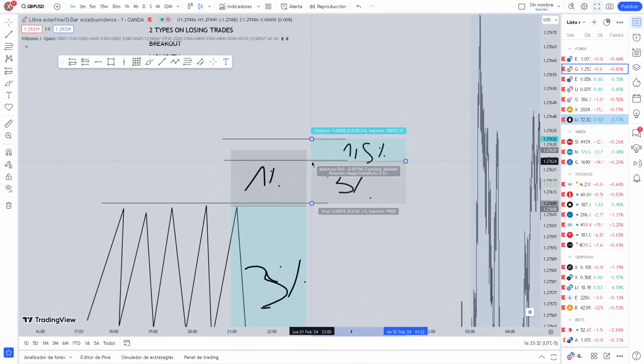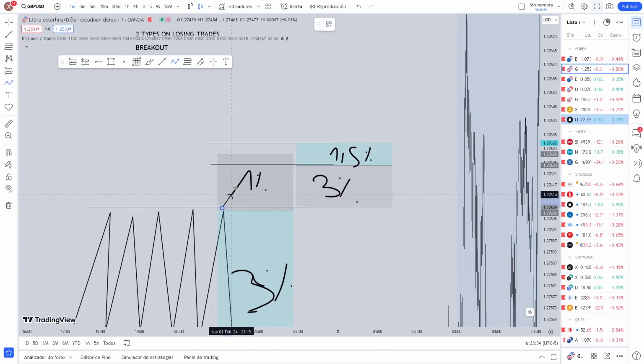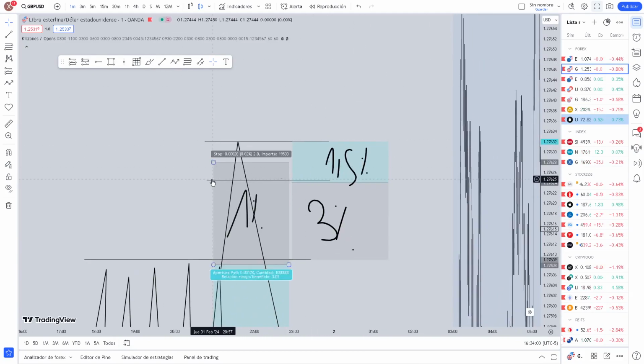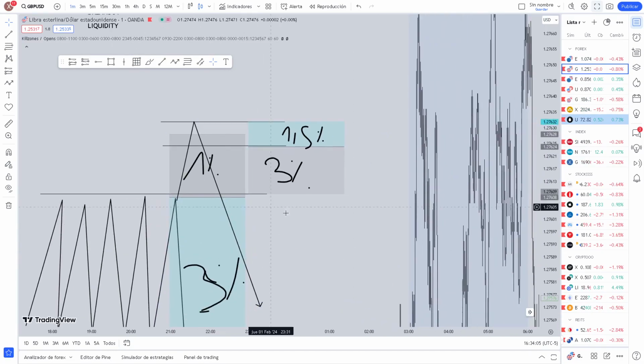So before getting the stop loss triggered, if you get used as liquidity, price will not go exactly to the stop loss and then reverse. Usually it will take out slightly your stop loss, because 8,100 million people use the same stop loss as you. You're just a little fish, and then price drops. So in this case, stop order gets triggered, and then we get a profit of 1.5%. Only case scenario we are losing is this one.